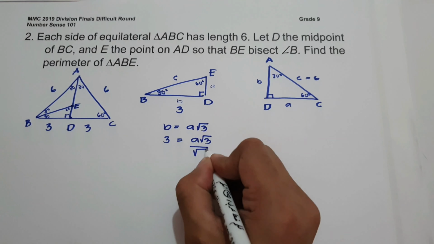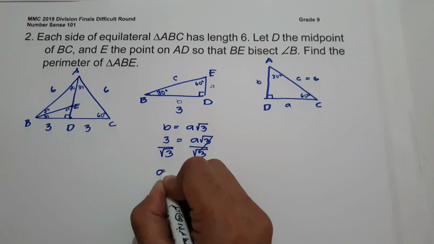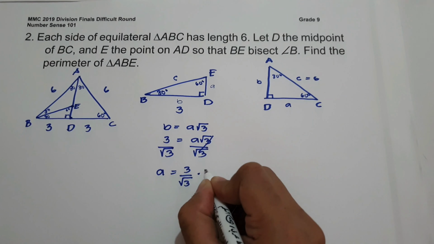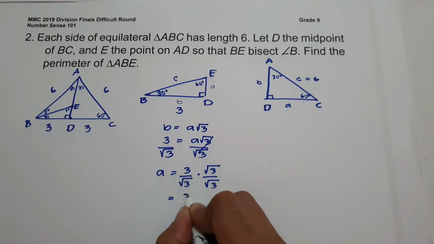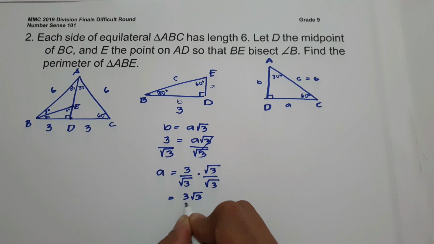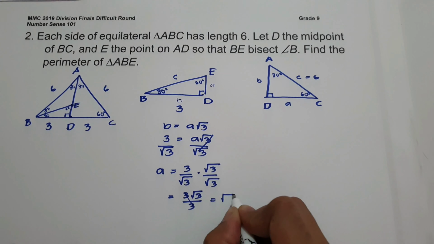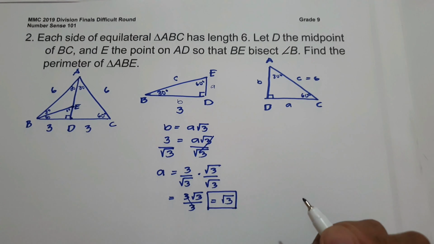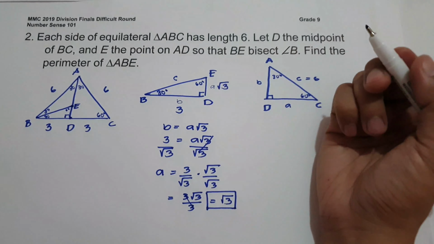So divide both sides by square root of 3, and let us cancel this one. So a equals 3 over square root of 3. Let us rationalize: this is 3 square root of 3 over 3. Let us cancel this one. So the value of a is square root of 3.